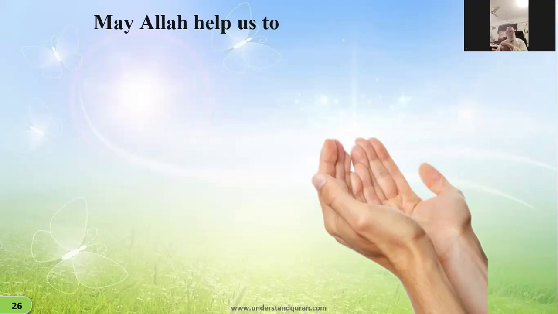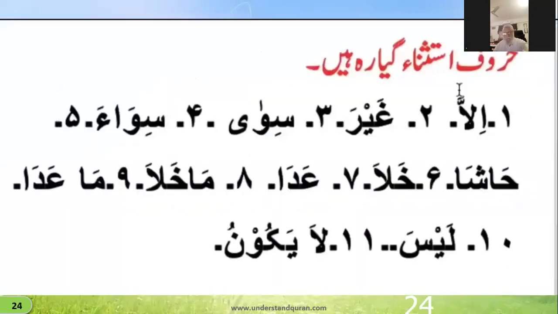Now, in tawabi, there is no harfe istisna. In badal, you will have some harf istisna. And what are these 11 words which I showed you? They come as a harf istisna.